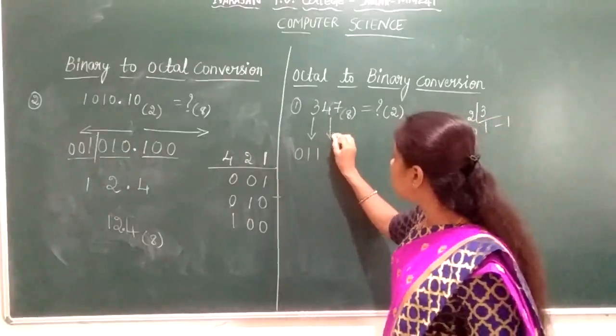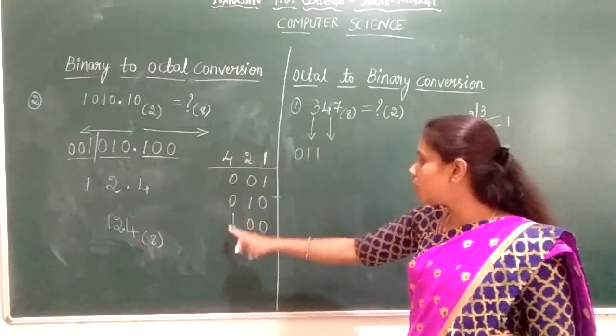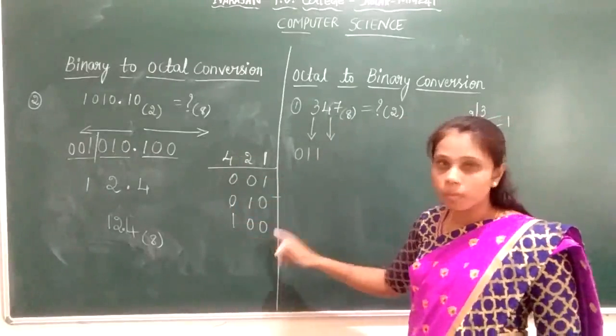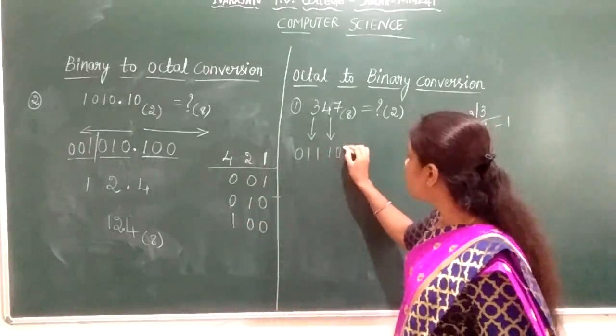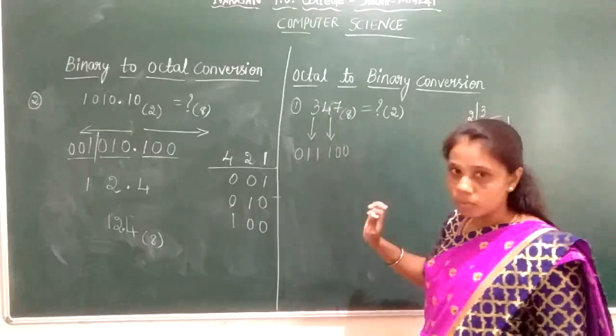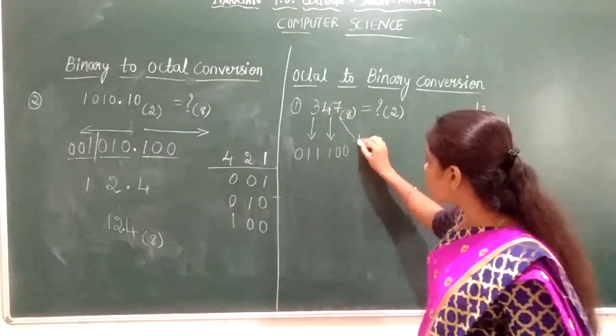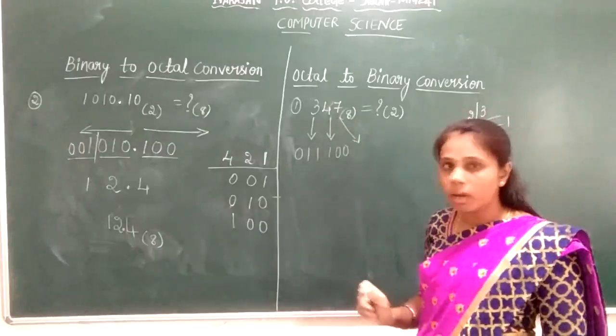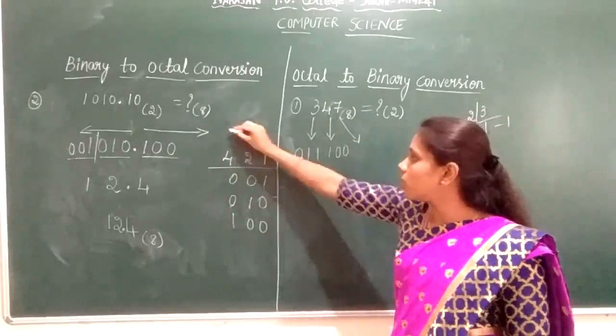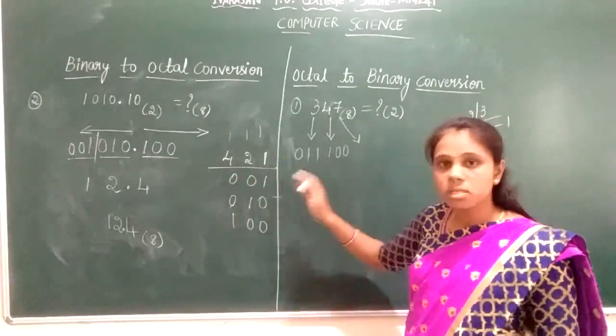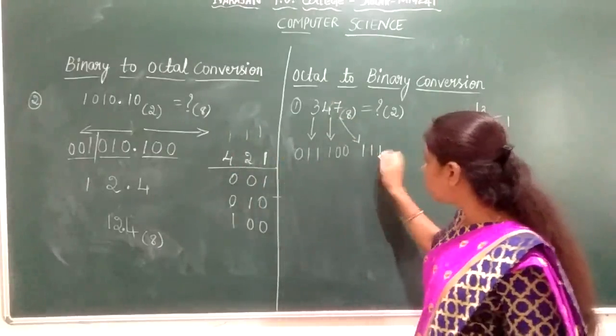Next, write the binary value for 4. The binary value for 4 is 1 0 0. 1 0 0 is the binary equivalent value for 4. Next you have 7. For 7, what is the binary equivalent value? 4 plus 2 plus 1, that is 1 1 1.